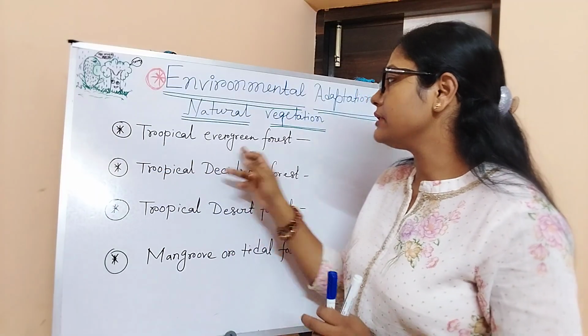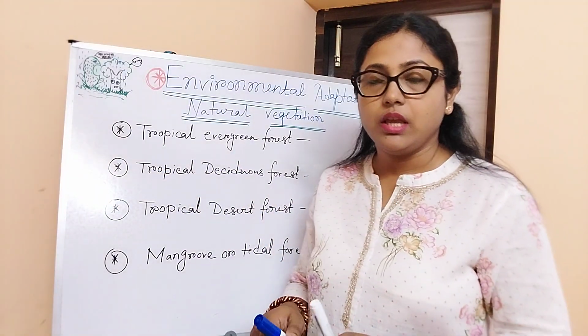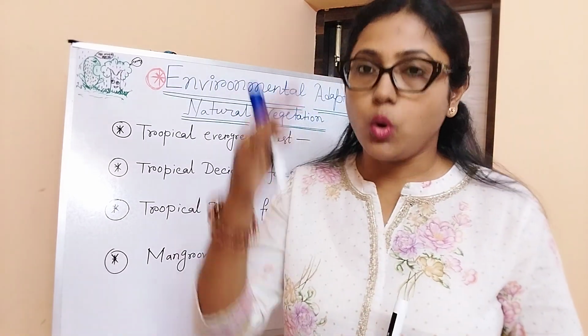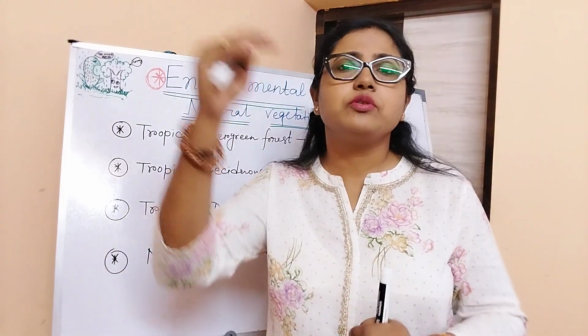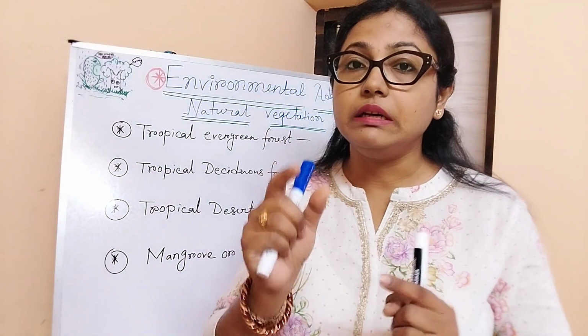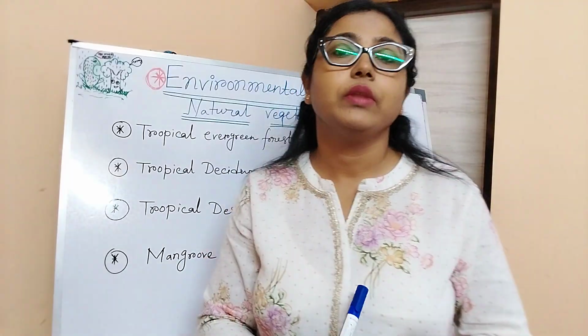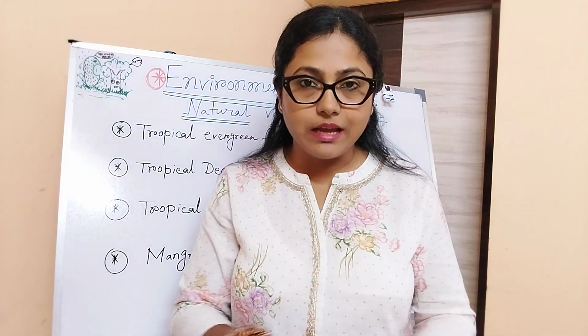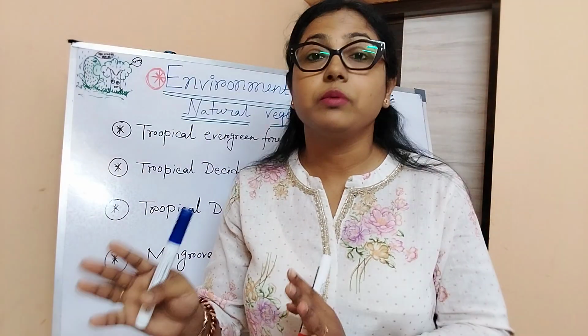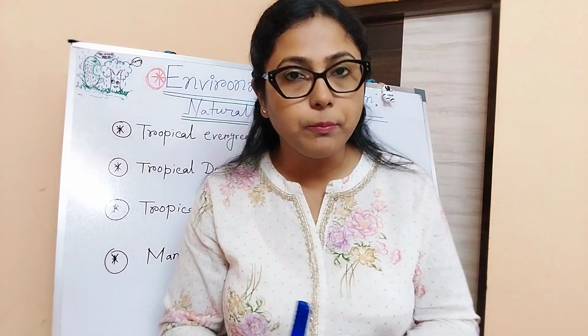The first one is the tropical evergreen forest. Here the trees which are found are hardwood trees. Tall, multi-layered tree species are found. Multi-layered, keep this term in mind. That means dense undergrowth is there: the grasses, herbs, creepers and climbers are found.